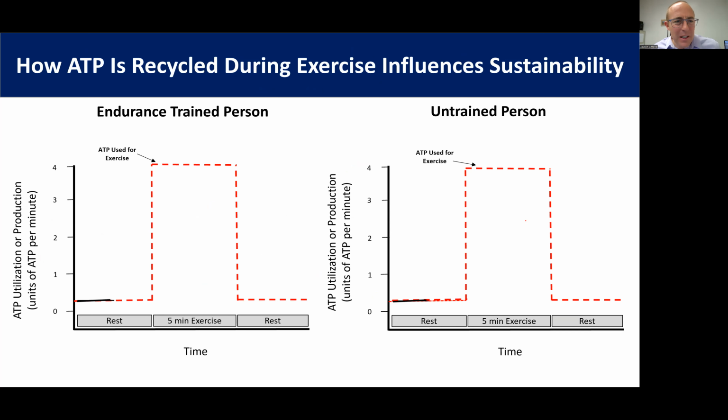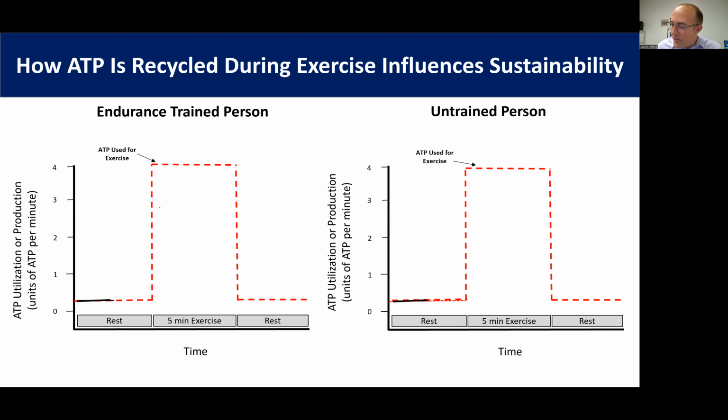To cycle at 15 miles per hour, it's going to require that you consume a certain amount of ATP every minute. And if you don't have that amount of ATP around, you can't keep doing the exercise. So side by side, this endurance trained person and untrained person, both cycling at 15 miles per hour, are going to be consuming about the same amount of ATP every minute. Here I'm illustrating it as 4 arbitrary units per minute.